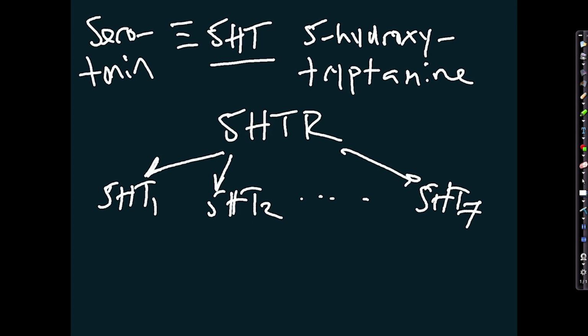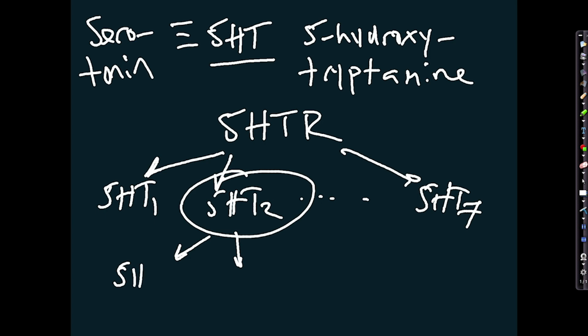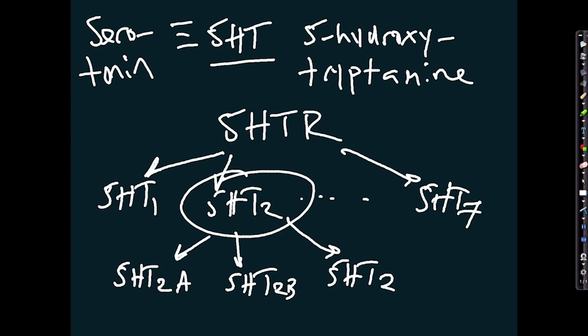We're only interested really in the 5-HT2 receptor, which has 3 subtypes: the 5-HT2A, the 5-HT2B, of course. This is not rocket science, it is neuroscience, and the 5-HT2C. And this is the baby that we're all interested in.